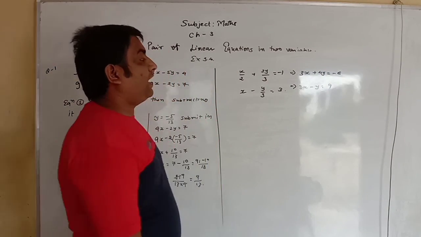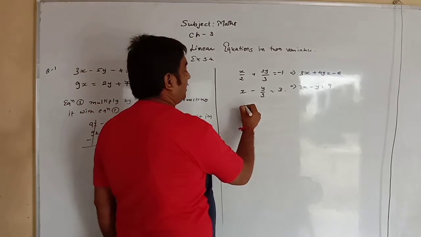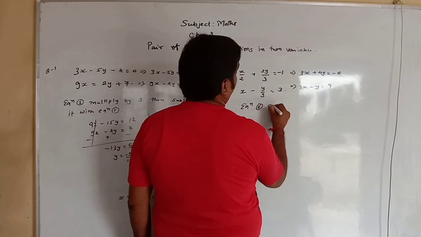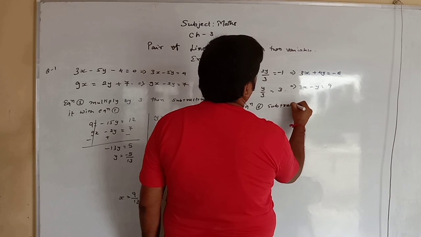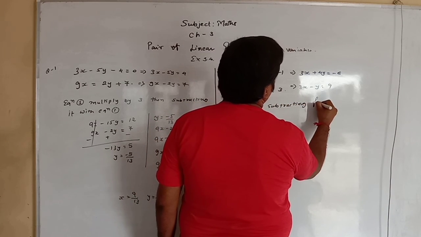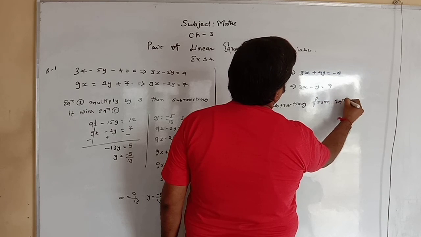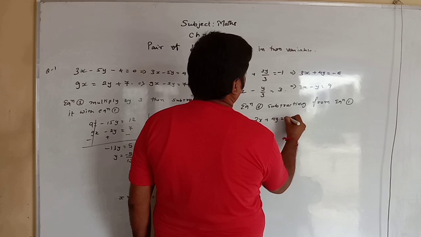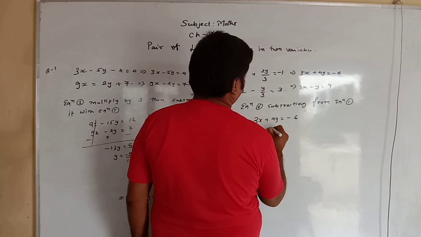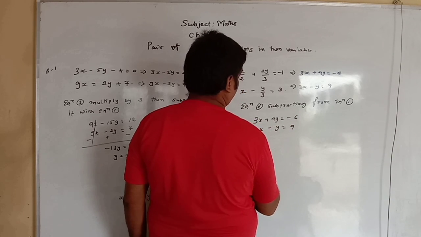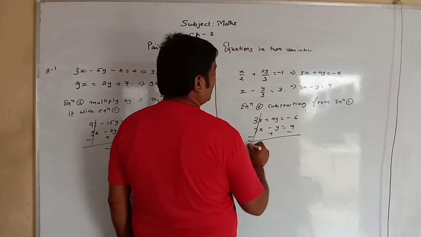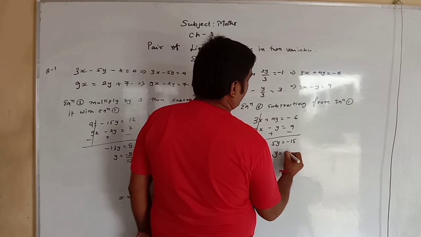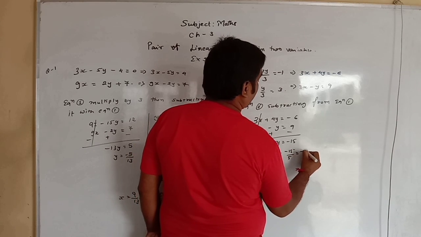Now both have the x coefficients equal, so no need to multiply, and then equation 2 subtracting from equation 1, we get 3x plus 4y equals minus 6, 3x minus y equals 9, so minus, plus, minus, so 3x cancels, 5y equals minus 15, so y equals minus 15 by 5, minus 3.